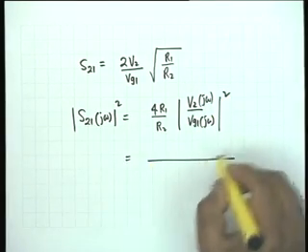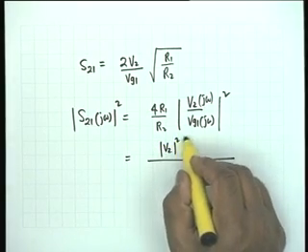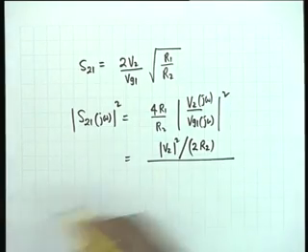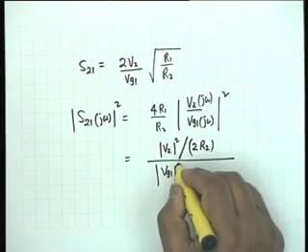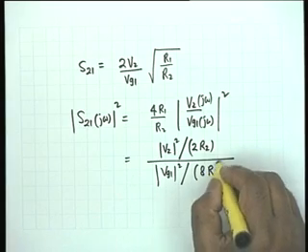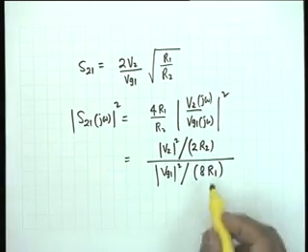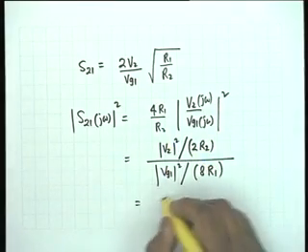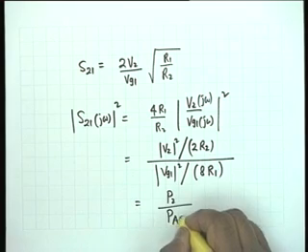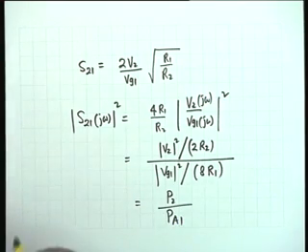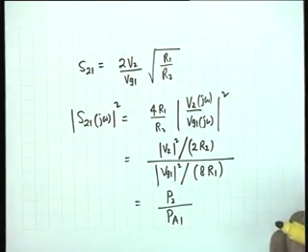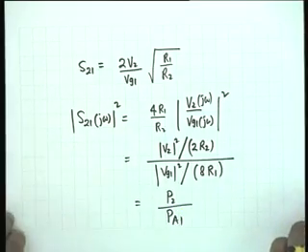This I can write as V2² divided by twice R2 divided by Vg1² divided by 8R1. Is that okay? 8R1 divided by 2R2 becomes 4R1 by R2 and V2 by Vg1, and therefore we have proved that the forward transmission scattering parameter, which is |S21|², is simply a power ratio P2 by PA1.